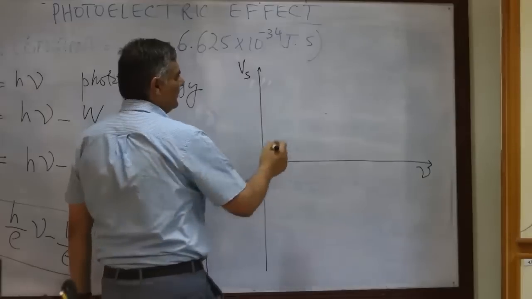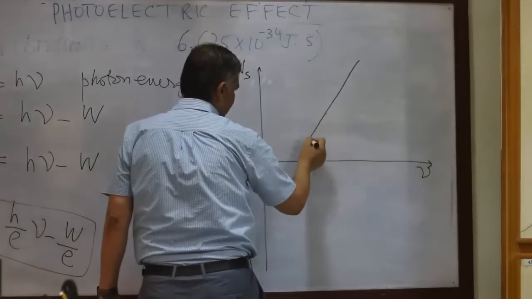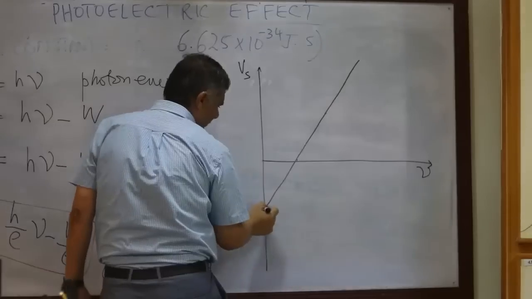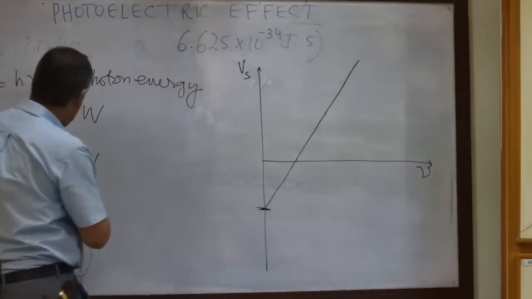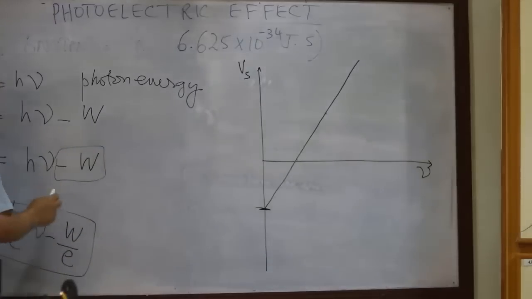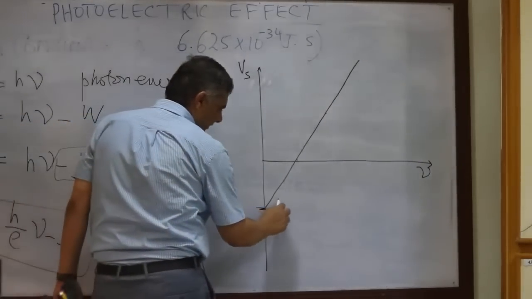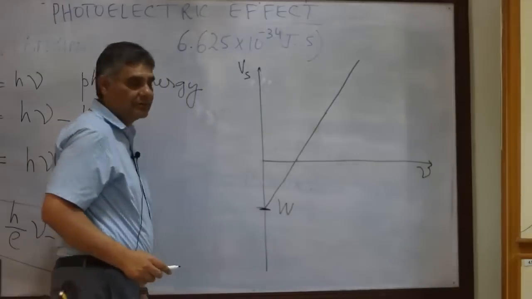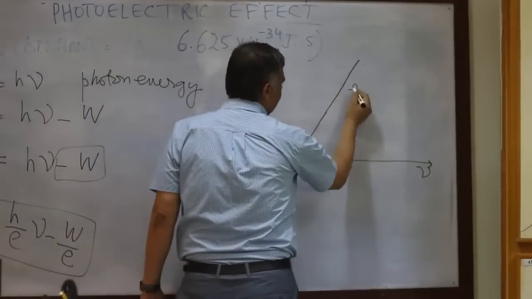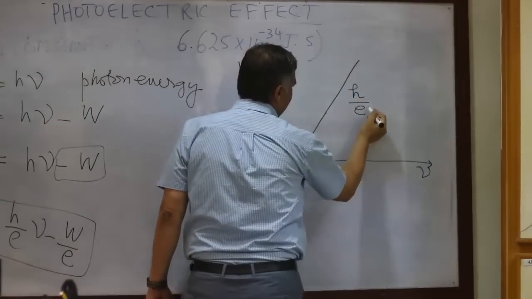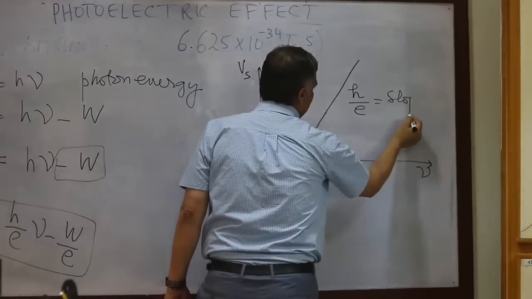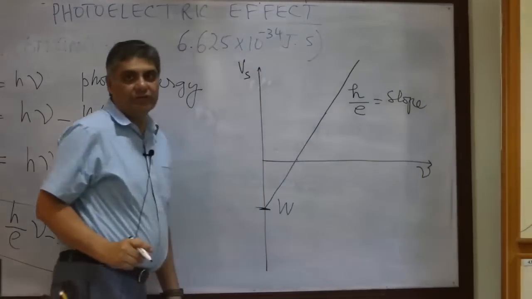So I will get a straight line, और y-axis पे वो cut करेगी because of this minus W. That will give me the work potential, and the slope of this line is h over e. This is what you have to do.